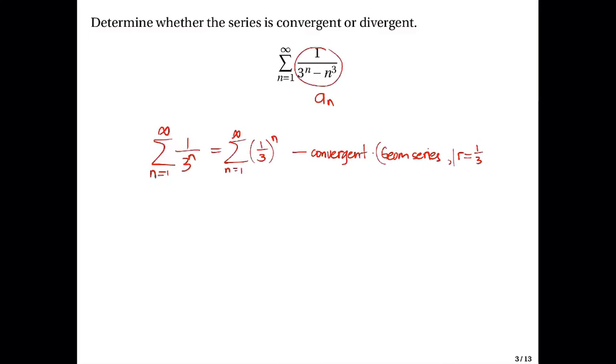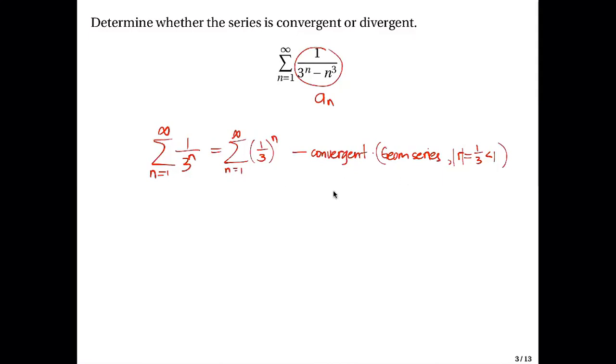So kung kuhain natin absolute value, 1/3 is less than 1. So convergent siya. This kind of reasoning, ganitong line na to, ina-accept ko na to. So kung ganito yung magiging solution nyo, ina-accept ko tong step na ito.